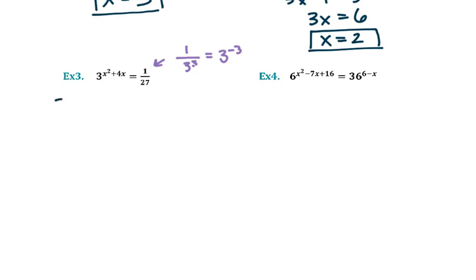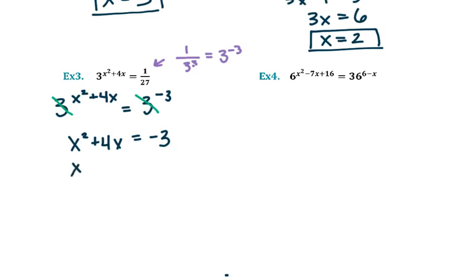So rewriting this, I can say 3 to the x squared plus 4x equals 1 over 27, which is actually equal to 3 to the negative 3. So you'll notice now we have one base equal to one base. We'll drop the bases, set the exponents equal, and now we have a quadratic equation that we need to solve.